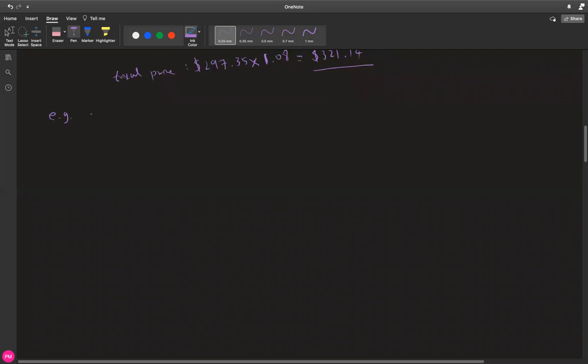Suppose the Bitcoin price today is, these are some made up numbers, I don't know the exact Bitcoin price right now, let's say it's $10,200.